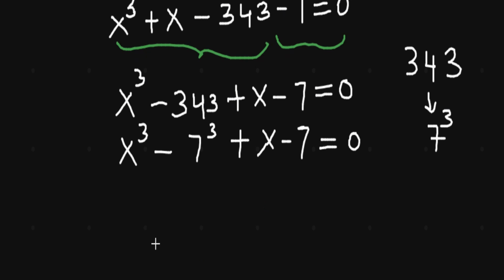We have the formula a cube minus b cube is equals to a minus b into a square plus ab plus b square.